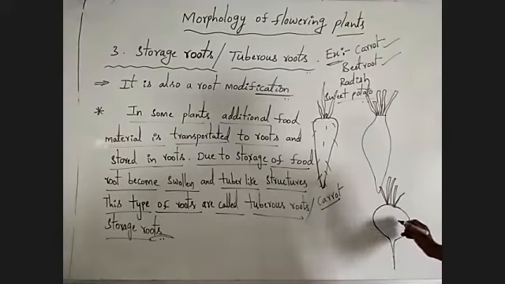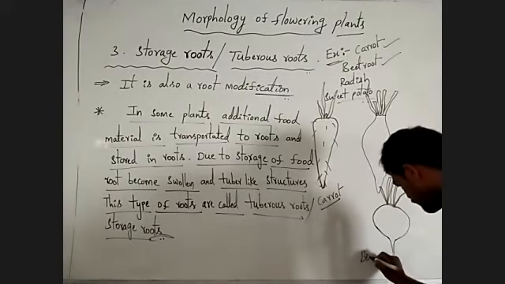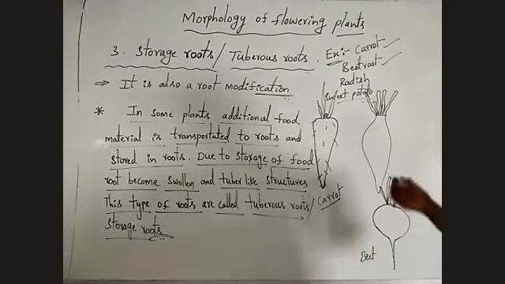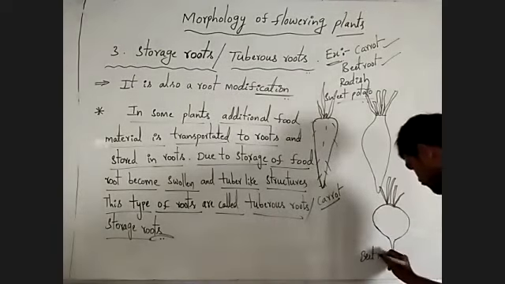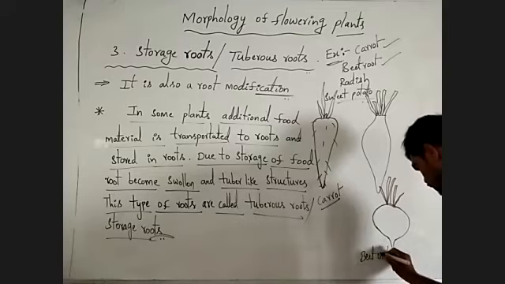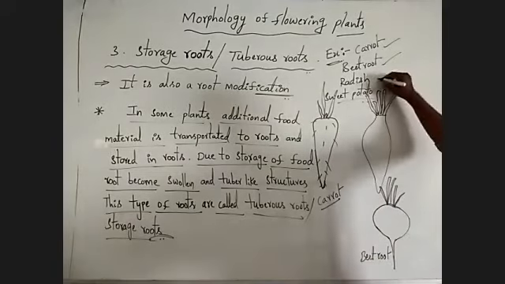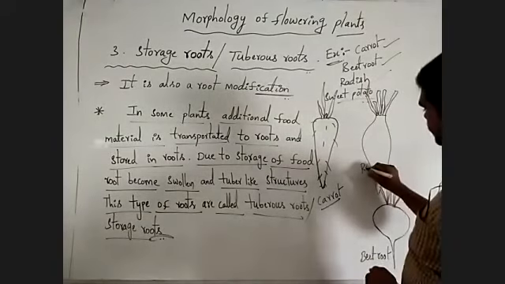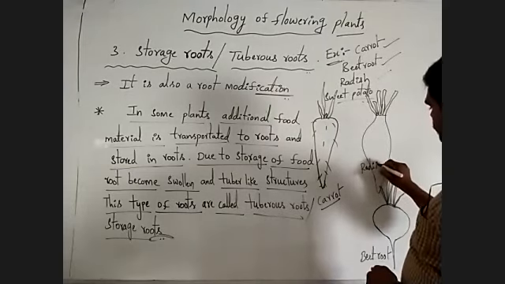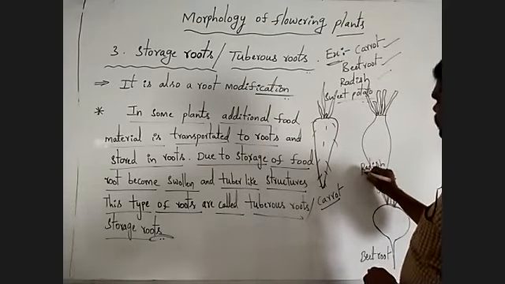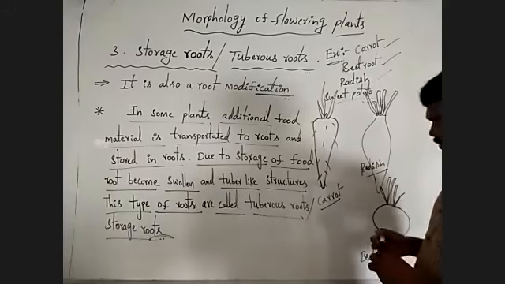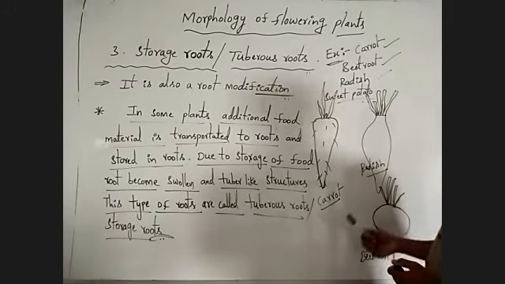Observe, this is the beetroot here. It is also example for the storage roots or tuberous roots. Next to radish. Observe, this is the radish. It is also example for the storage roots or tuberous roots.